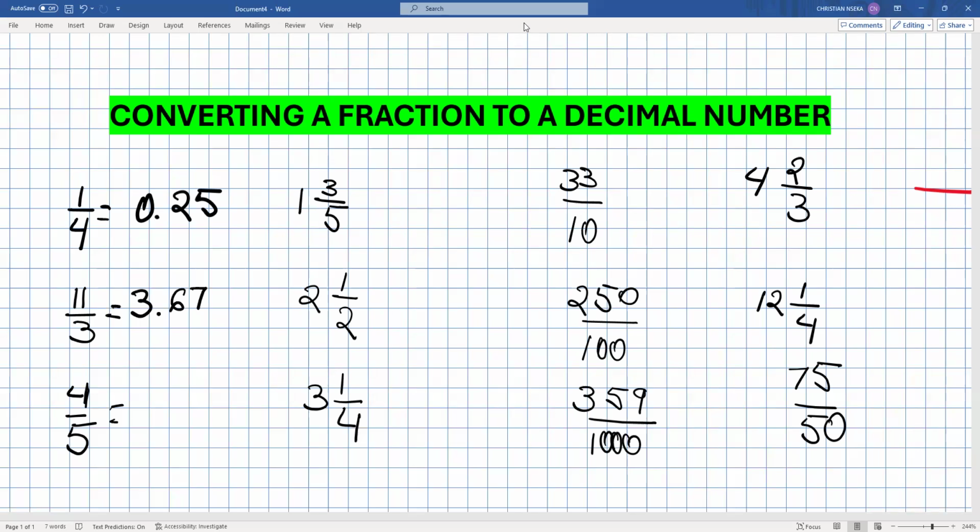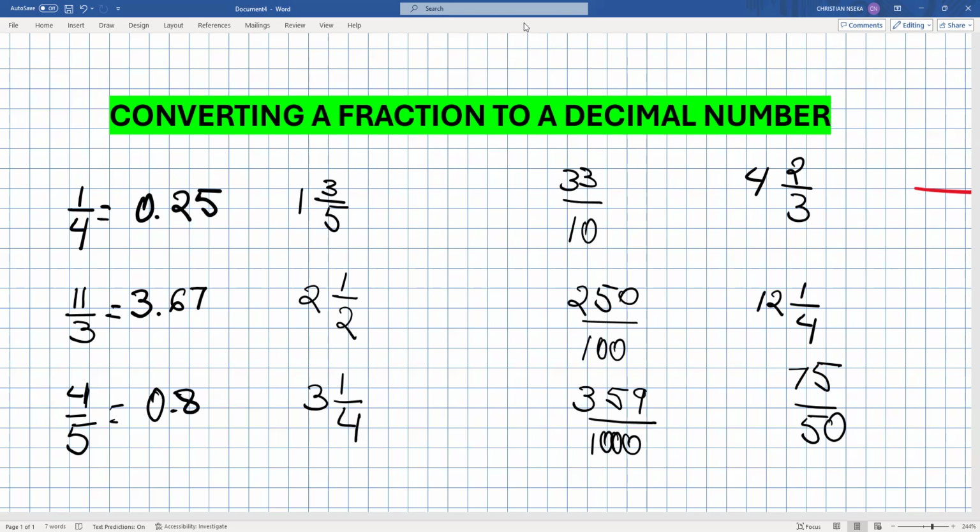Like 11/3 is 3.67, that is greater than 1. 1 divided by 4, that is a proper fraction, the answer is 0.25. It's less than 1. Since 4/5 is also a proper fraction, 4 divided by 5 is going to give you 0.8. 0.8 is less than 1.